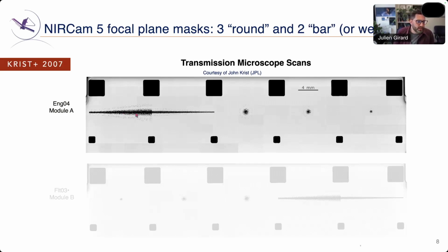In practice, it turns out, and I will show some results later, that this has been a little bit more difficult to use, but one position is extremely interesting. It's this narrow position here that has been used, and there is a new paper by William Balmer showing that you can actually reach also 0.3 arcsecond inner working angle and image planets with that.